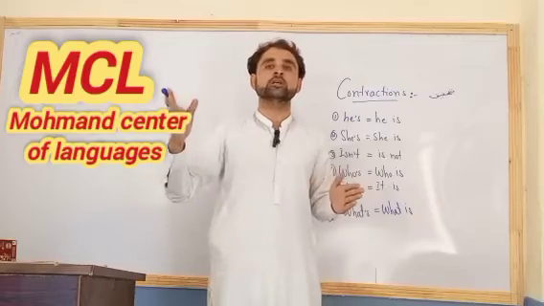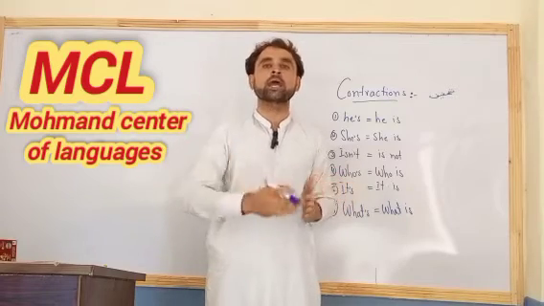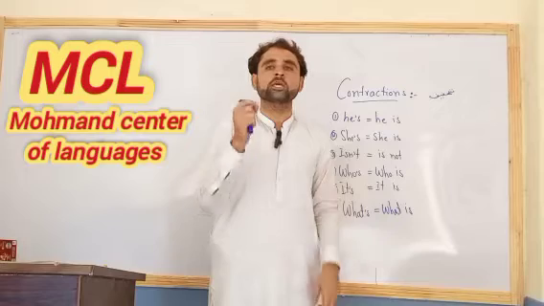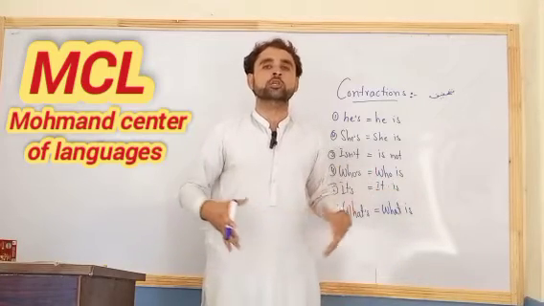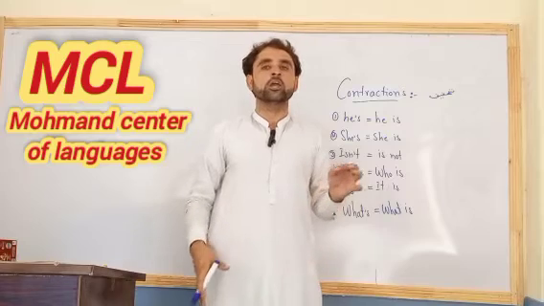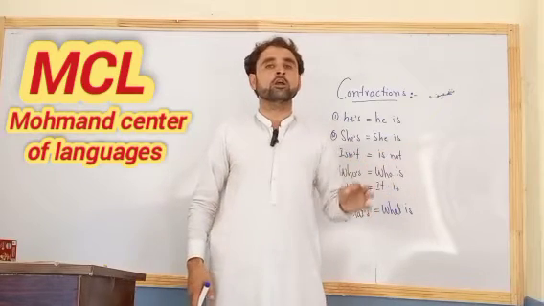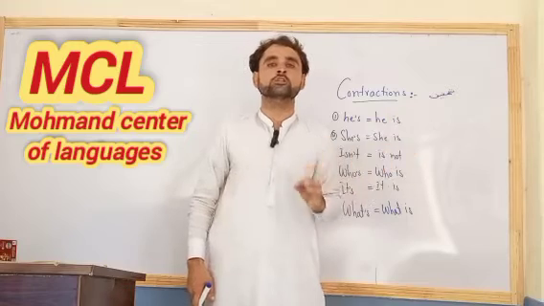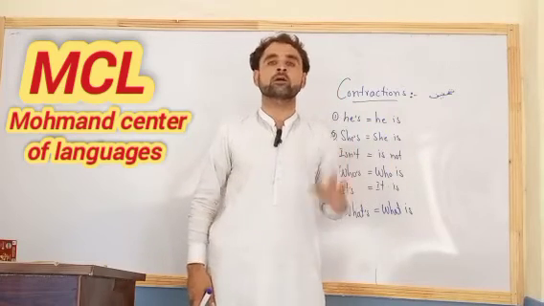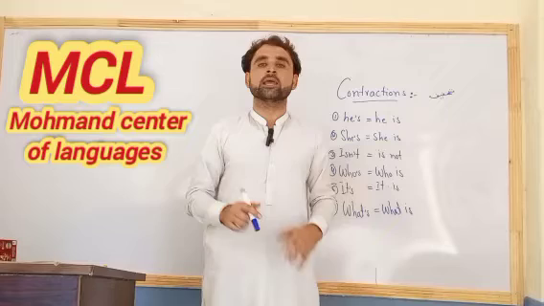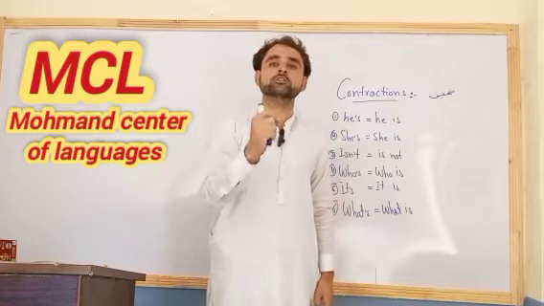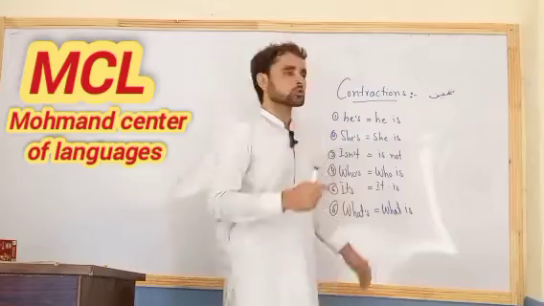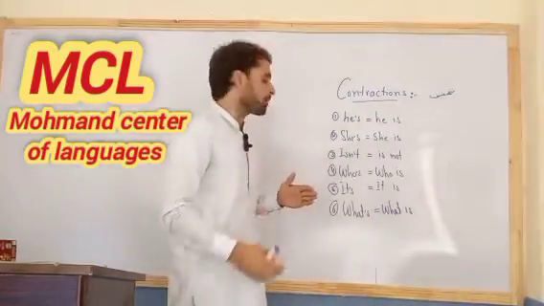With proper practice, instead of that, often our students when they speak English say he is not a teacher, he is not a student, he is not a driver. No, you can say he isn't a driver, he isn't a speaker, he isn't a player. So isn't is the shortcut form of is not.